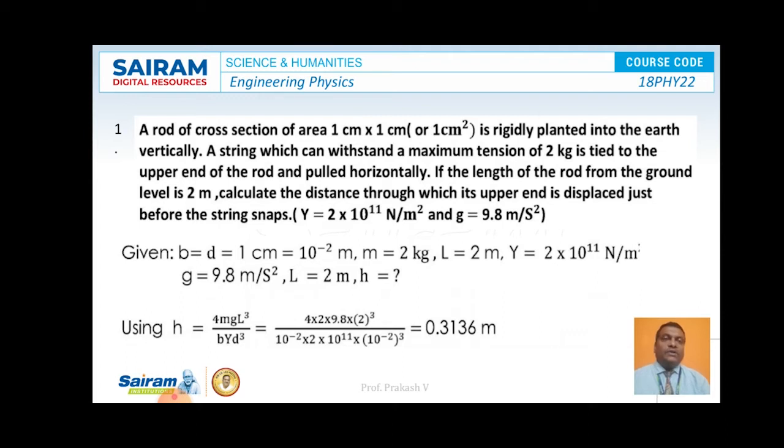So the cantilever is fixed at one end and horizontal to the surface of earth, and the other end is loaded with 2 kg. After applying the load, the cantilever bends, and the value by which the cantilever bends is found to be 0.3136 meter.